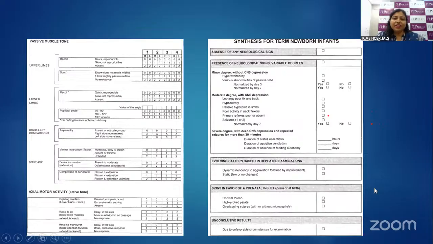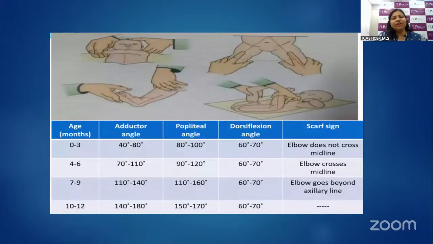I'm not aware if any kind of training is given for this particular assessment or not. When we talk about the Amiel-Tison assessment, we definitely remember these angles, and we should be aware of them, so that when you jot down, you will understand whether the child is in the normal range or not. Let's say from 0 to 3 months, the adductor angle should be around 40 to 80 degrees.